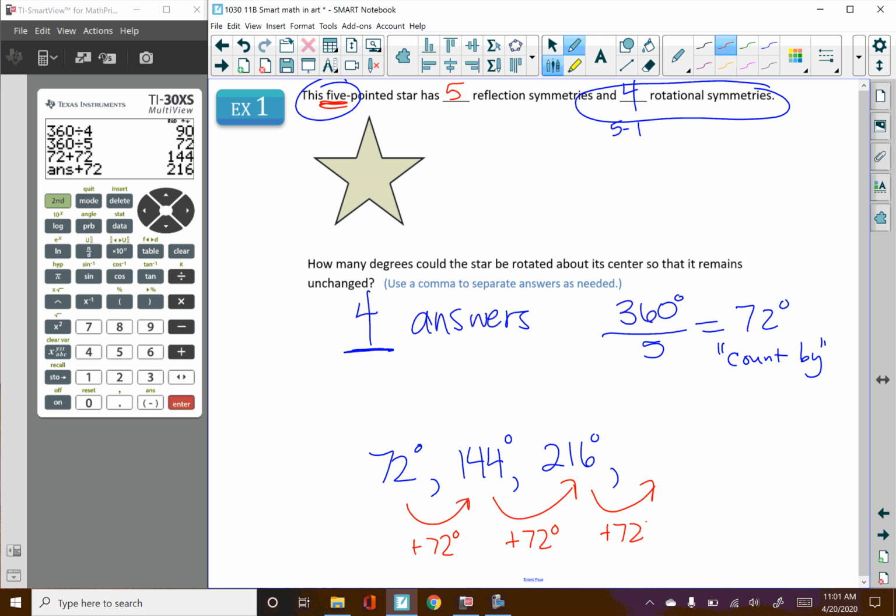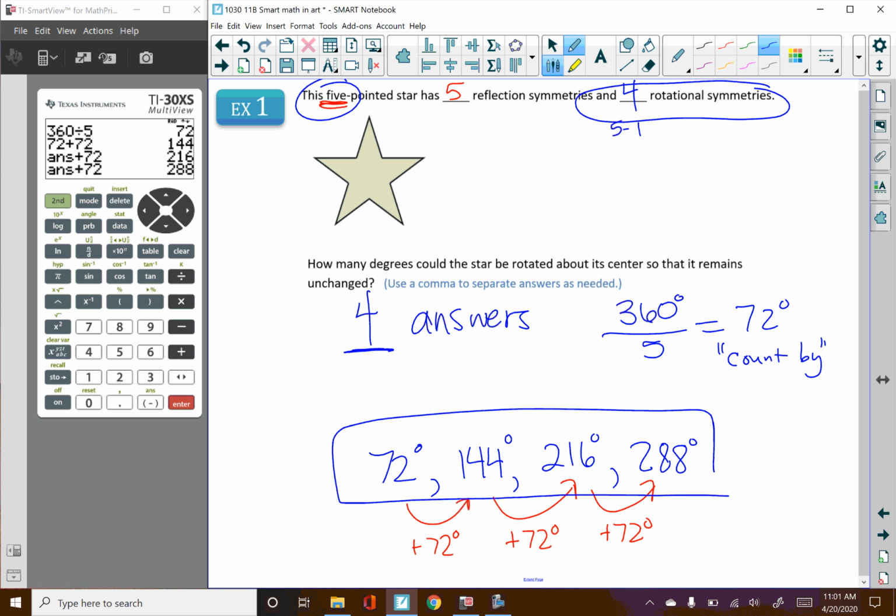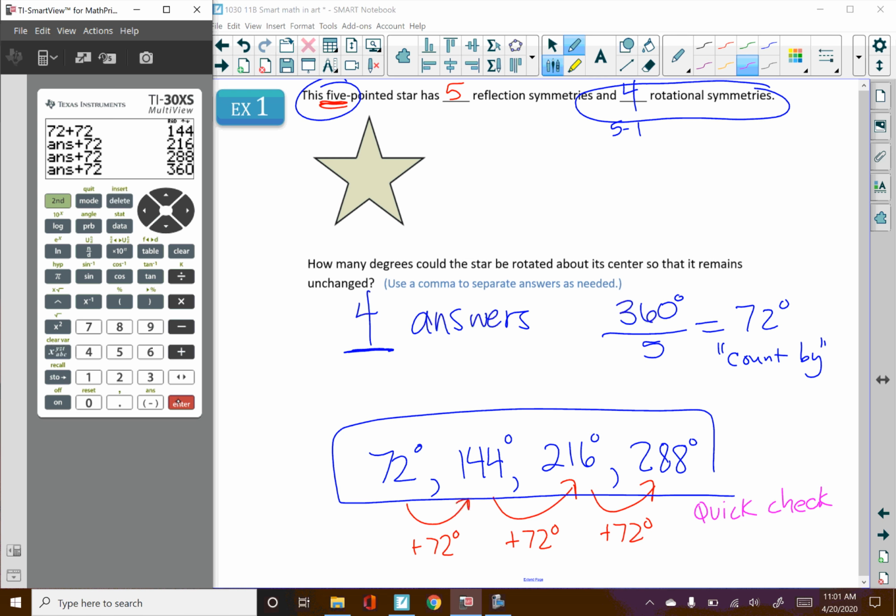And that last answer is 288. So this is our answer for MyMathLab. And again, if you want to do a quick check, you can add one more time and you should get back to 360. So that's just a way of checking to make sure you did it right.